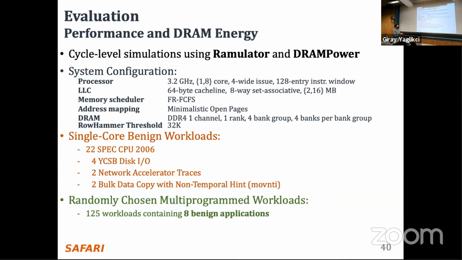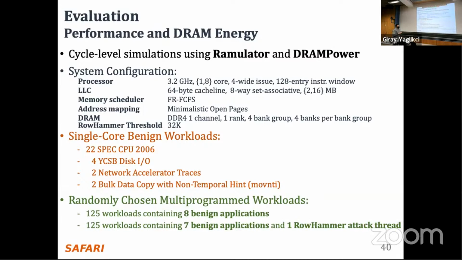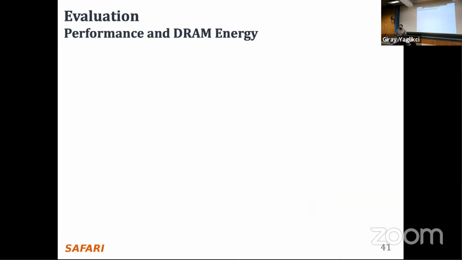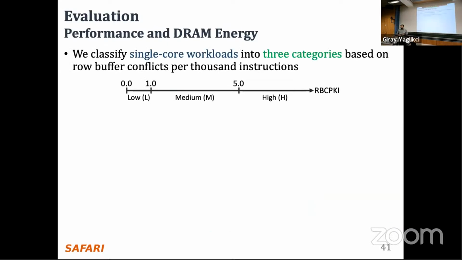We randomly generate 125 workloads that contain 8 benign applications, and we also analyze another 125 workloads, each of which contains 7 benign applications and 1 RowHammer attack thread. We started by evaluating single-core benign workloads, and we classify them into 3 categories based on their row buffer conflicts per kilo instruction.